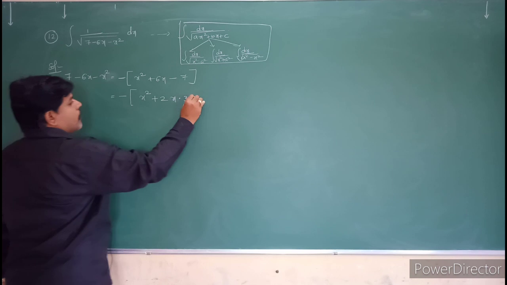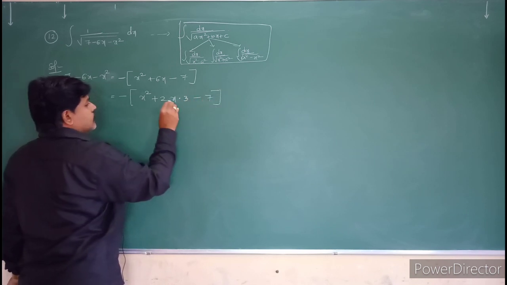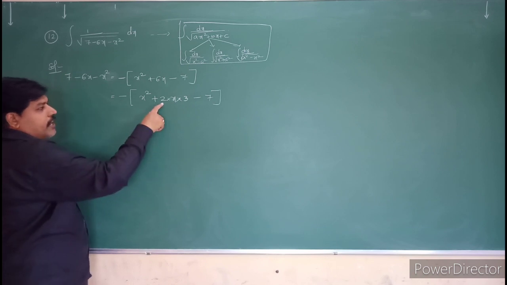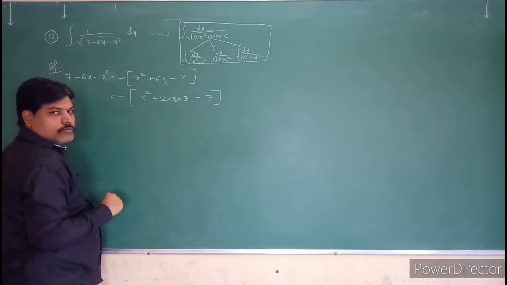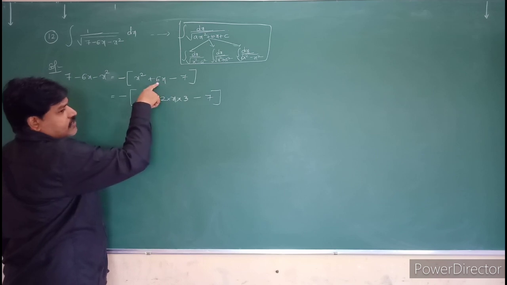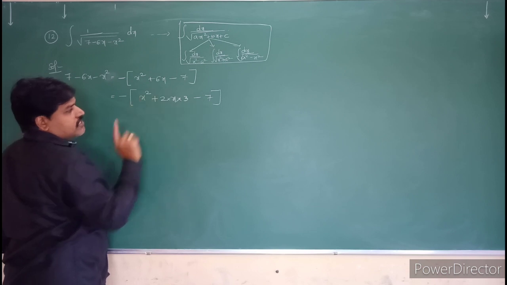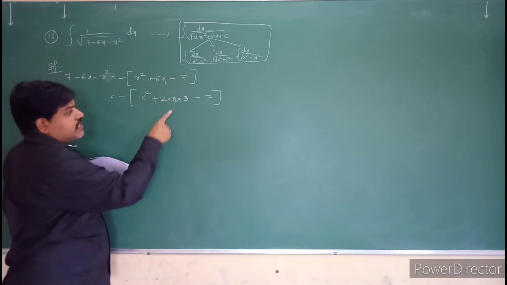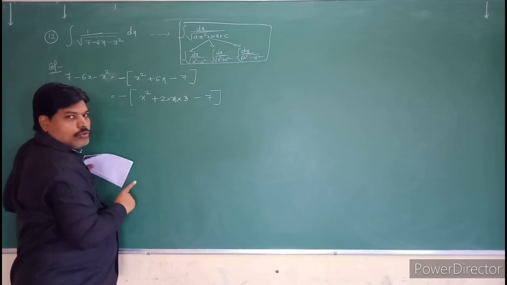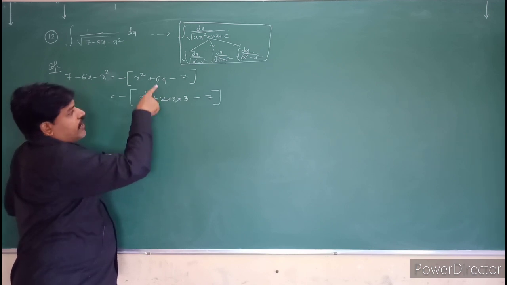See that, students? What I did is that 6x I multiplied with 2 and divided with 2. So 2 into x into 6 by 2, and 6 by 2 is nothing but 3, minus 7. Understand this step once again. I just multiplied and divided with 2.